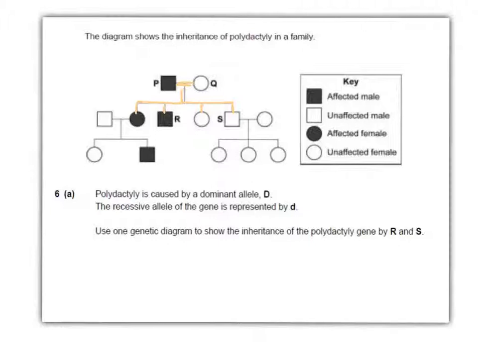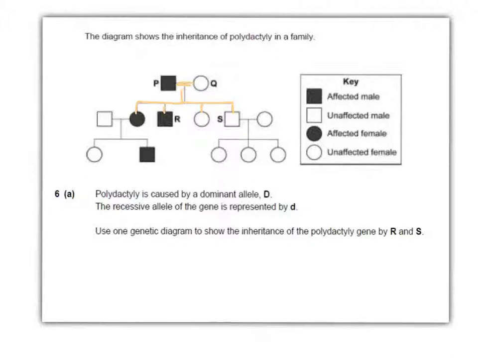It tells you that polydactyly is caused by a dominant allele, and it gives you a capital D to represent that, and the recessive allele of the gene is represented by a lowercase d. It wants you to use one genetic diagram to show the inheritance of the polydactyly gene by R and S. So first you need to work this out.